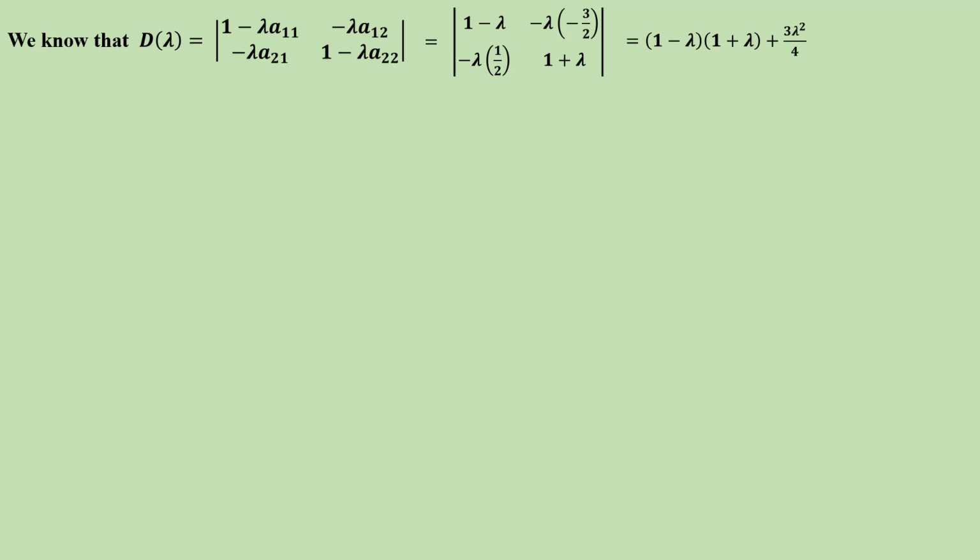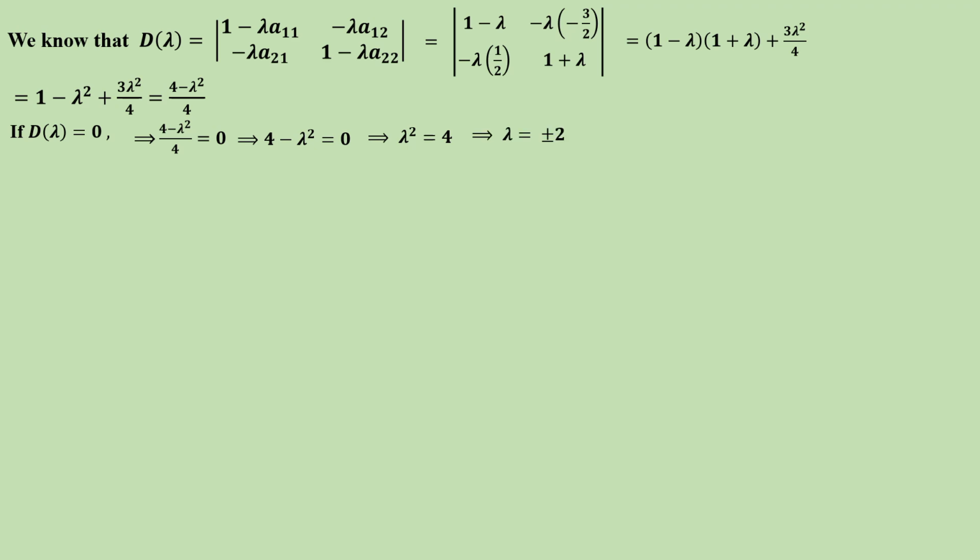Solving the determinant, (1 - lambda)(1 + lambda) plus (3/4) lambda^2, so that is 1 - lambda^2 + 3 lambda^2/4. Taking the LCM, (4 - lambda^2)/4. If D(lambda) = 0, then (4 - lambda^2)/4 = 0, so lambda^2 = 4, lambda = plus or minus 2. So there are two eigenvalues, lambda1 = +2 and lambda2 = -2.